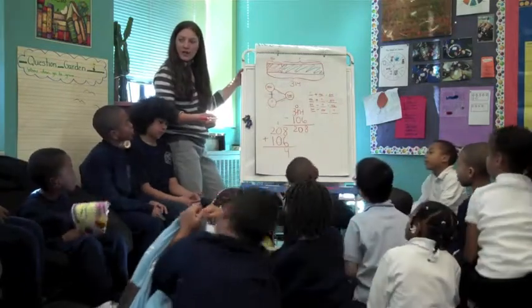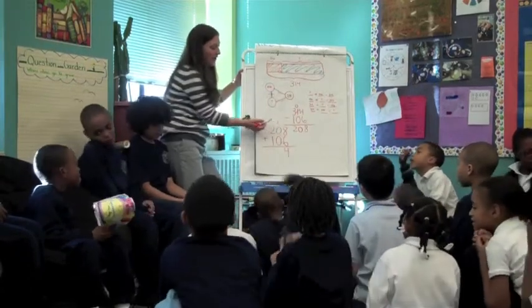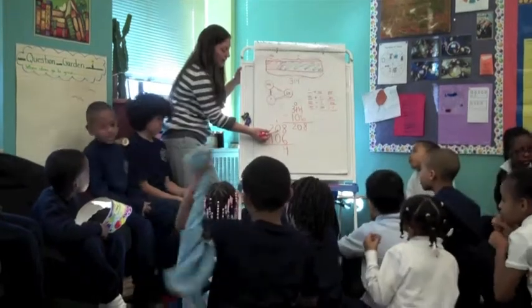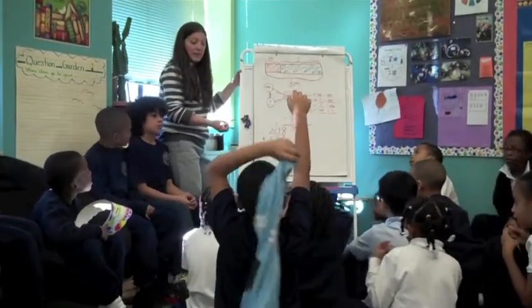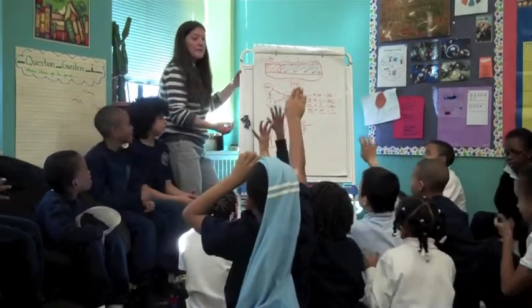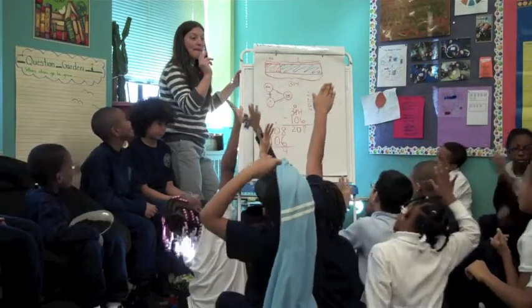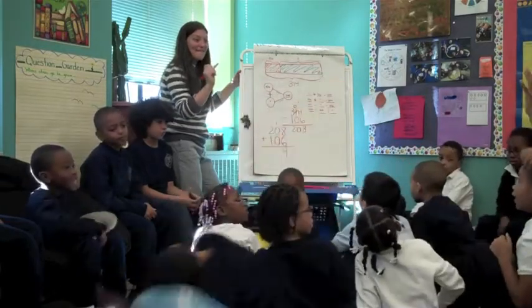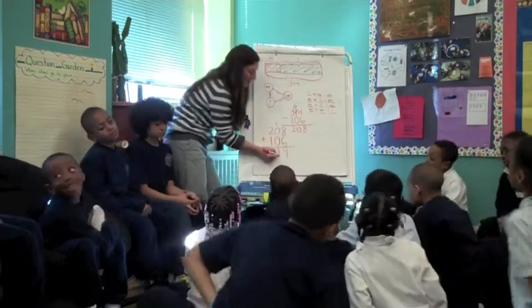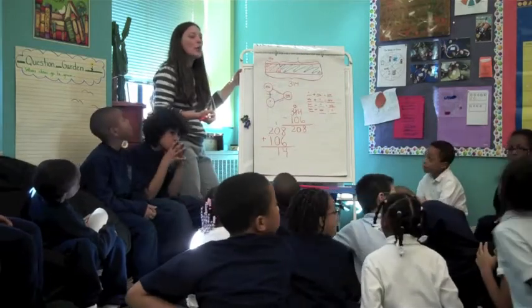Rule 2. Look at the tens. Add the tens. 1 ten plus 0 tens plus 0 tens equals 1 ten. Rule 3.